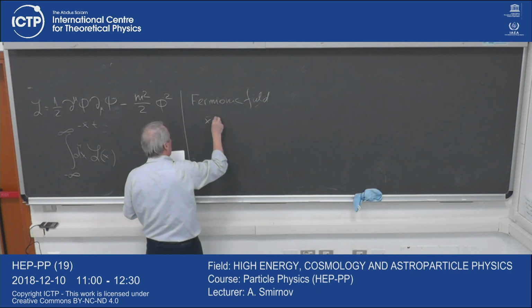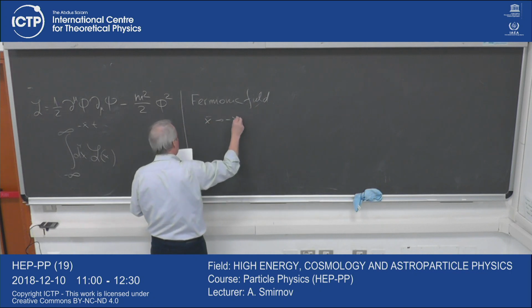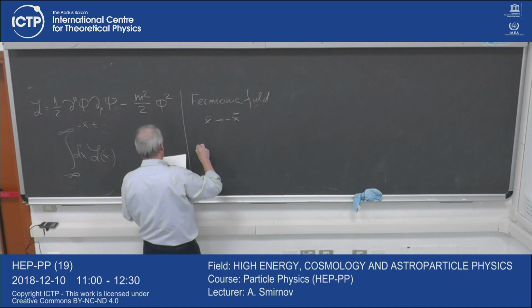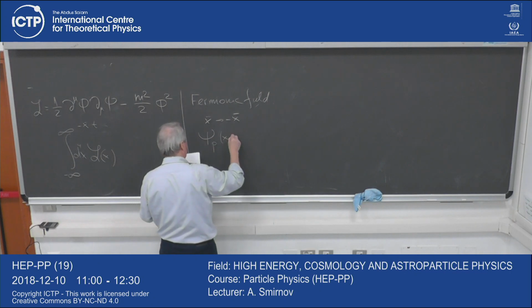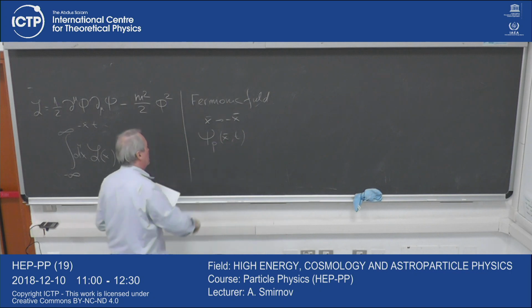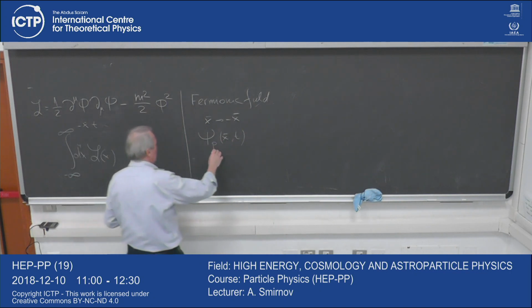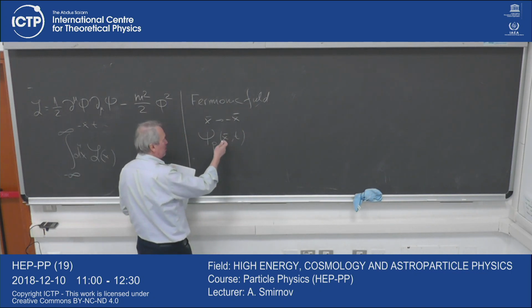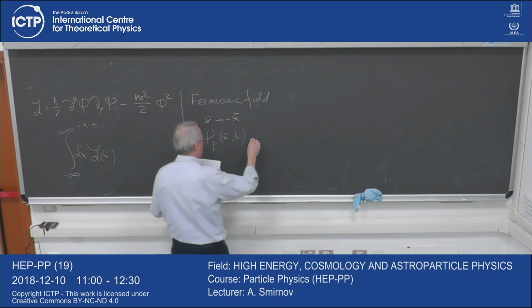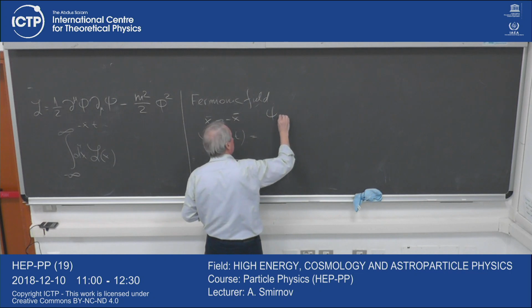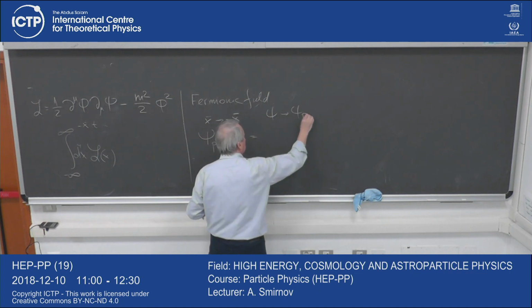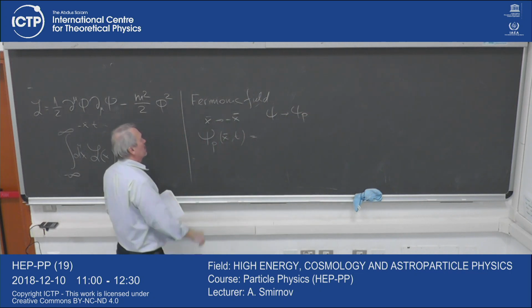So we have again x going to minus x, and the transformed field ψ_P is given by ψ(−x, t). I can put a phase here, but it doesn't play any role, plus or minus. Let me put ψ goes to ψ_P under P transformations.